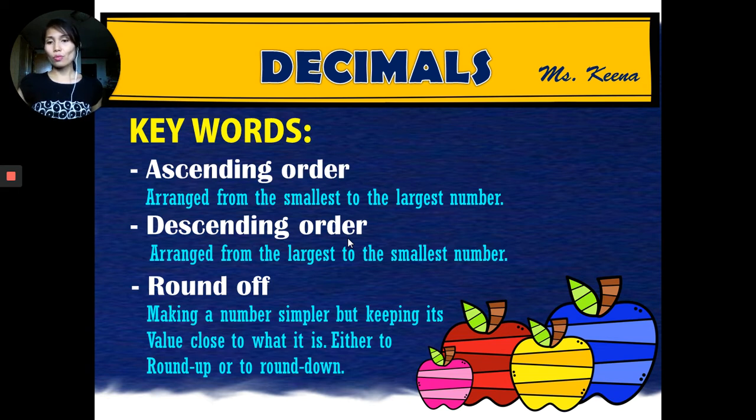Okay, it's either to round up or to round down. So in order to add, subtract, multiply numbers, it's easier to do that if we round it up. And so we can just calculate the answers mentally, right? So let's proceed.